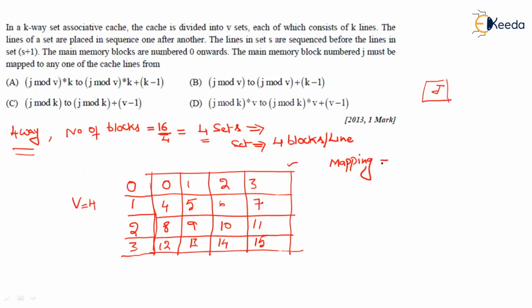Mapping rule is the reference block of the main memory mod available blocks in the cache memory. If it is set associative mapping, it will be available sets. Okay, J mod V here. This is the referenced block, and these are the available sets in the cache memory.